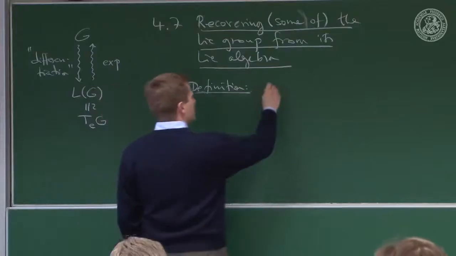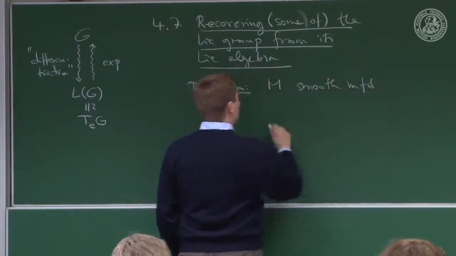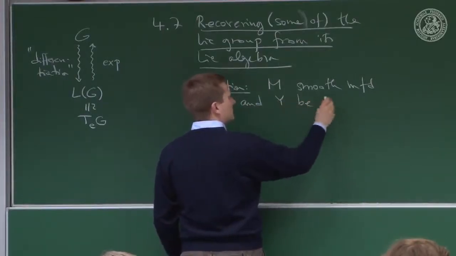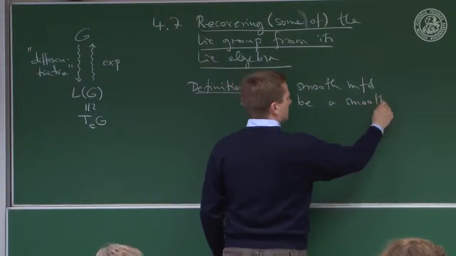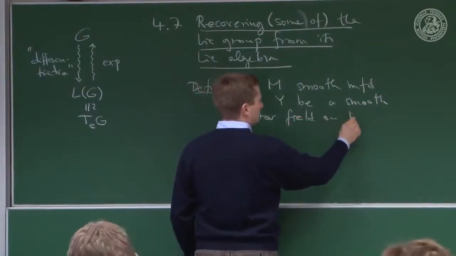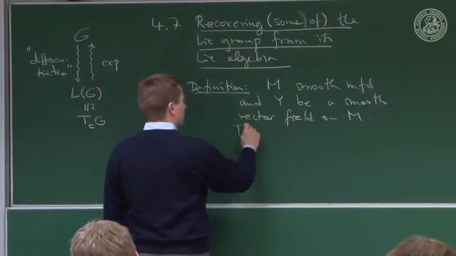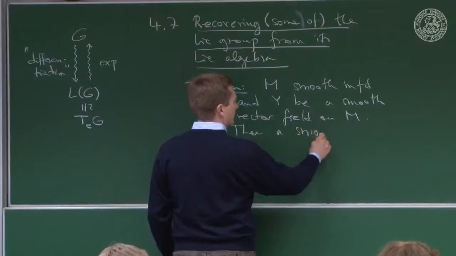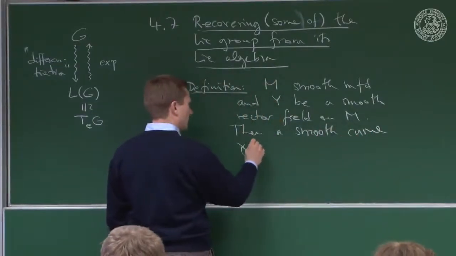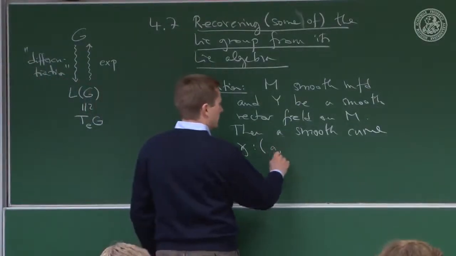And that's the following. Let M be a smooth manifold, and let Y be a vector field, a smooth vector field on M. Then an integral curve, or then a smooth curve gamma, and now we've got to be a little careful with the parameter range.